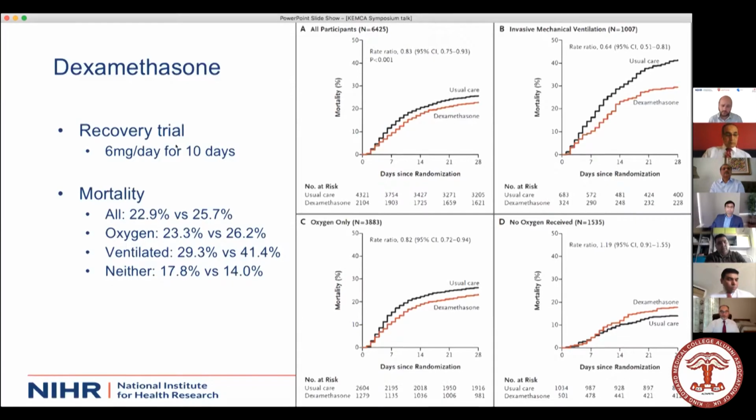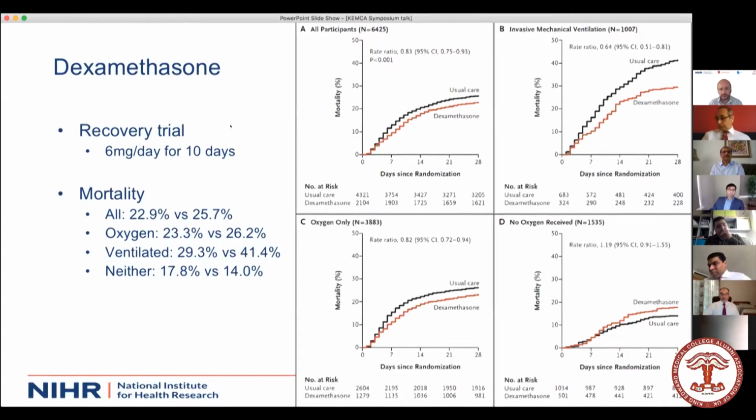So the RECOVERY trial, and this has been published in the New England Journal, gave low-dose dexamethasone, 6 milligrams a day for 10 days. And the results are astounding and fantastically positive for such a cheap, easy-to-access drug.